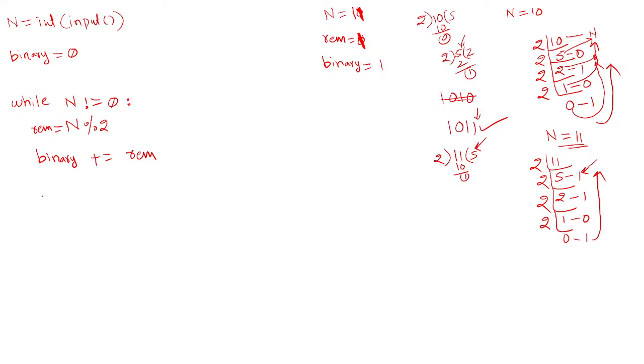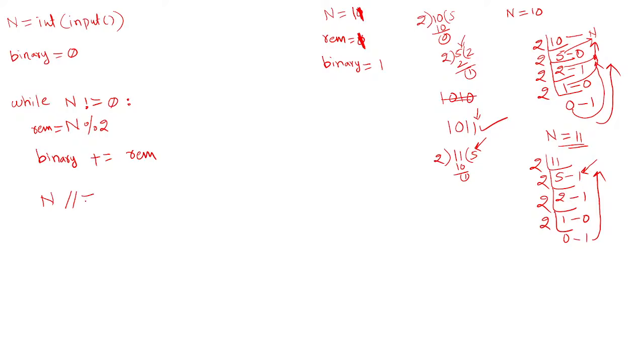That's why I need to reduce the n value. So for n here, integer division or floor division I need to perform. If I use a single slash it becomes 5.5, but here I require only 5, so integer division I need to perform.